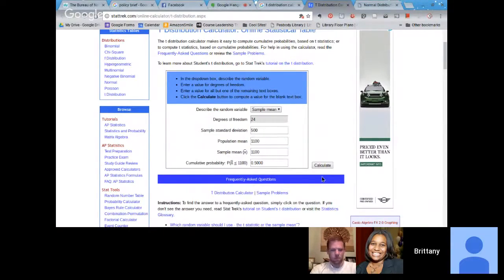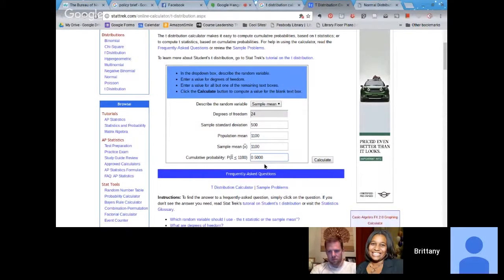I'll use the same values that I had from before, and this will find the probability, the cumulative probability, which is interchangeable with percentage. So this could also be read as 50%, say.